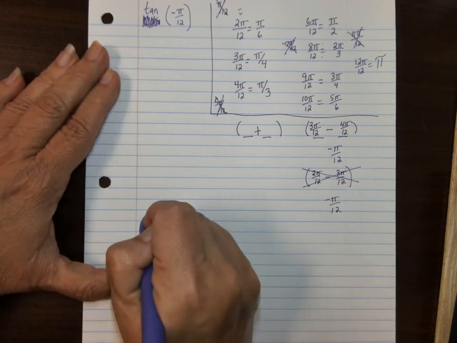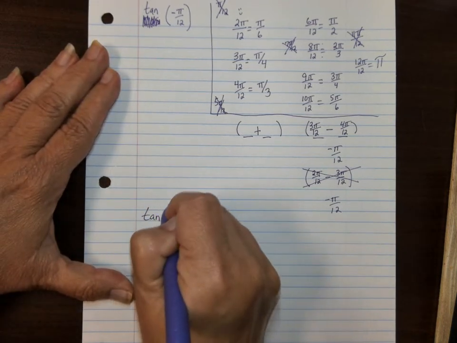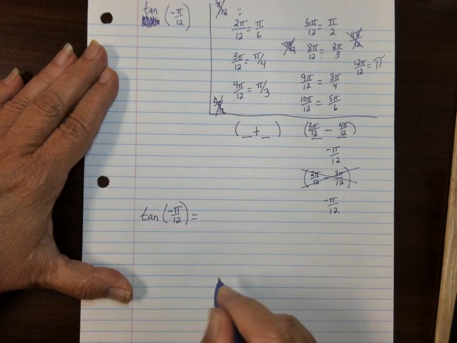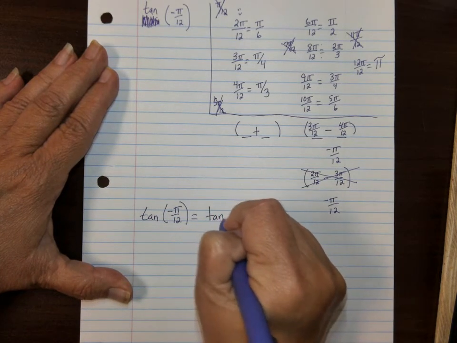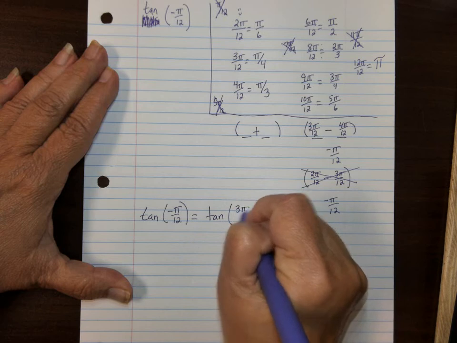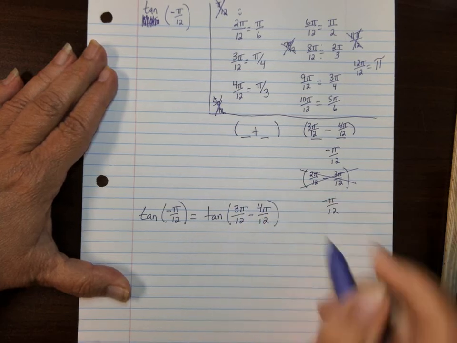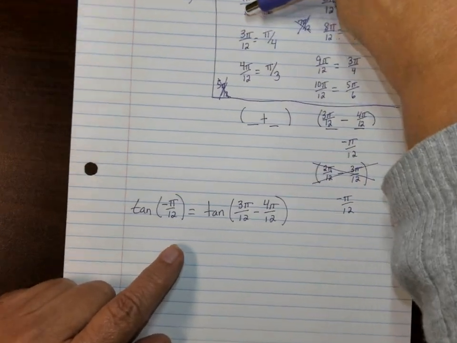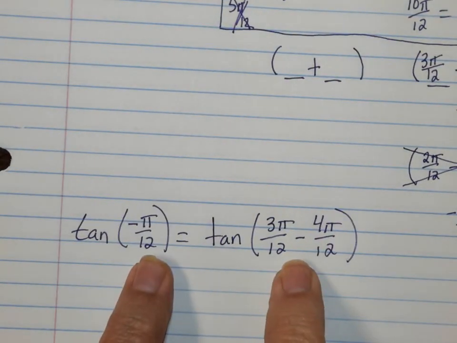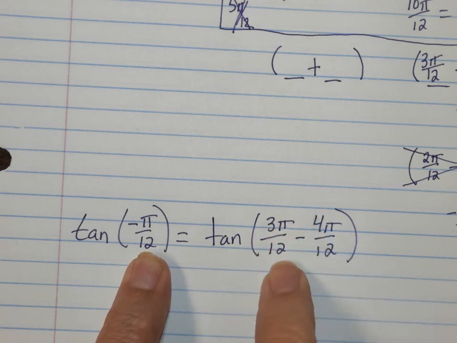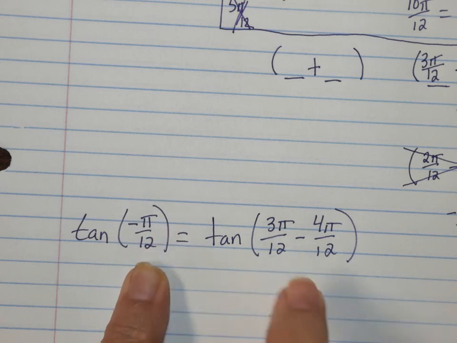So let me come down here. Our original problem is tangent, negative pi over 12. We are saying, let's write that as tangent of 3 pi over 12, take away 4 pi over 12. Because now I can come in here. This math just works, right? 3 pi over 12, take away 4 pi over 12 makes negative pi over 12.